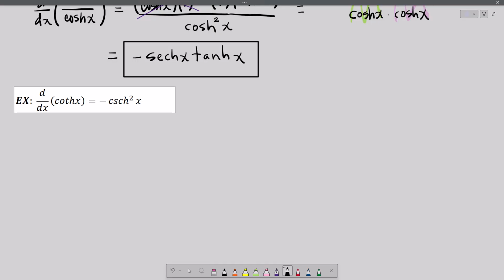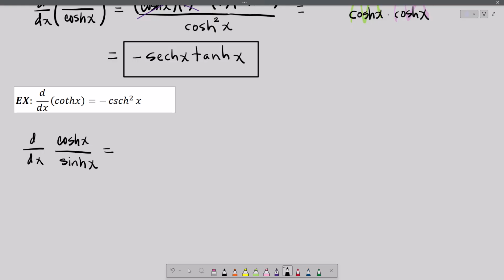All right, so cotangent. What direction is the fraction for cotangent? Sinh over cosh or cosh over sinh? Cosh over sinh. So we're taking the derivative with respect to x of cosh divided by sinh.